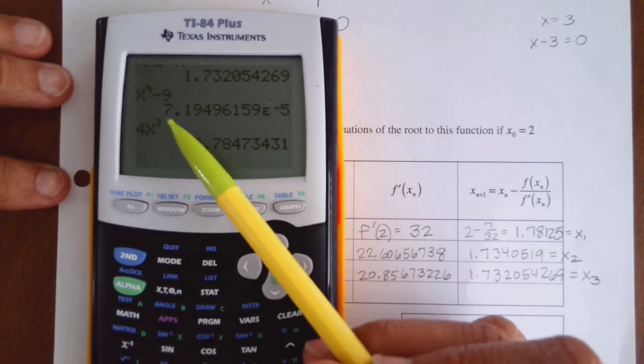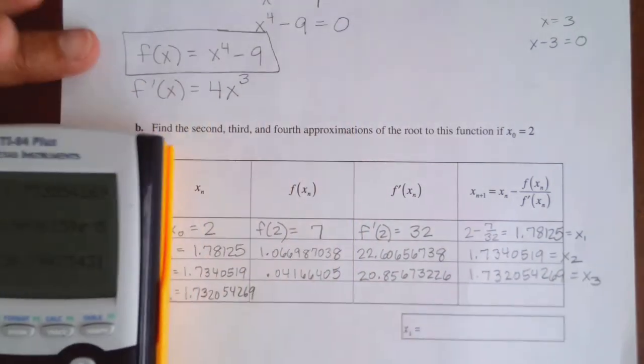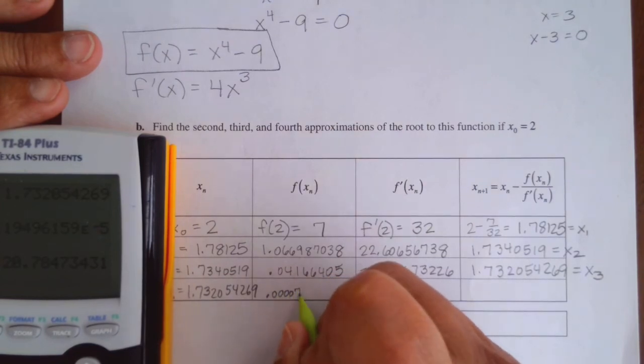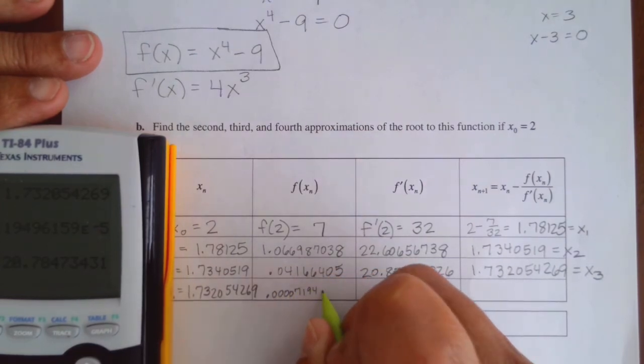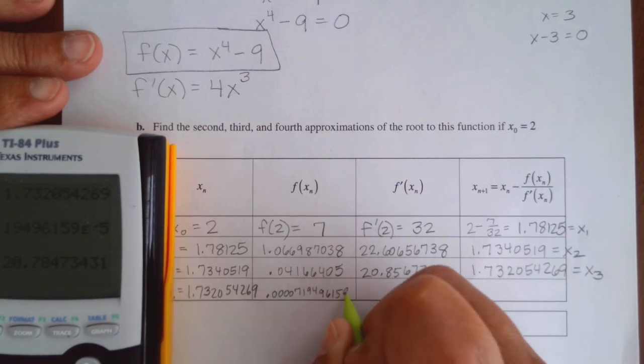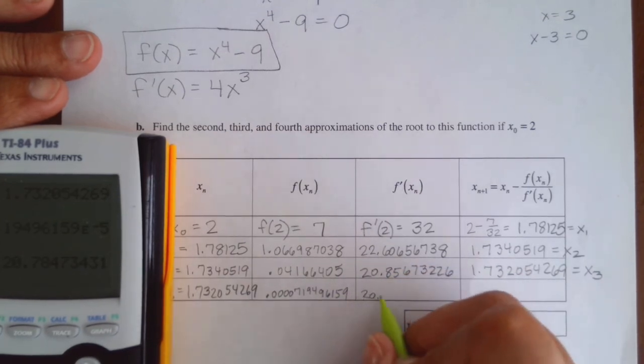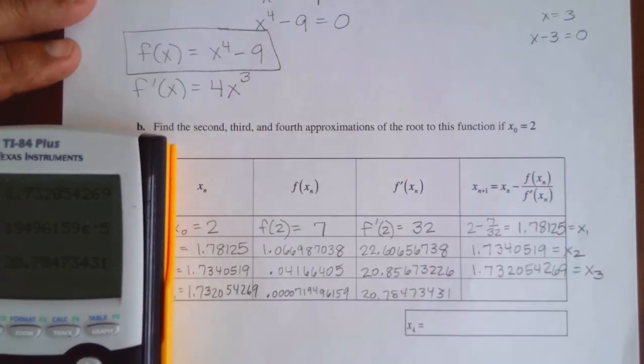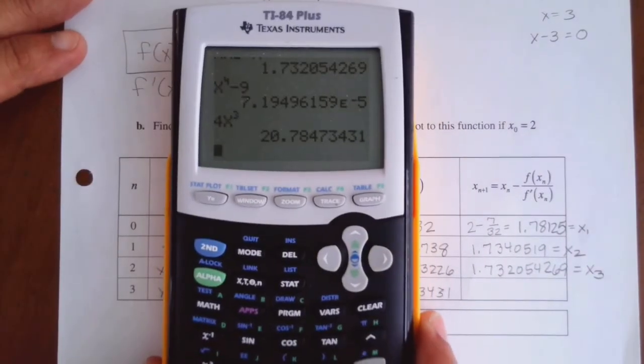So it's going to have 4 zeros in front of that. So this will be 0.0000719496159, and the derivative 20.7847331. All right, so there's our two values.